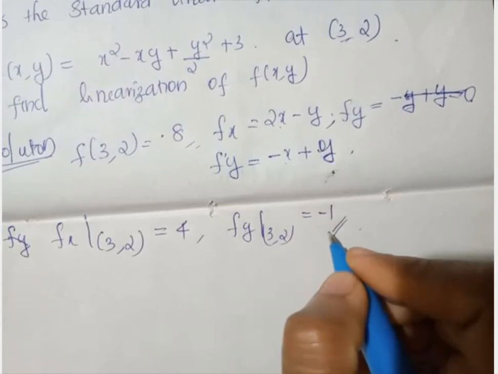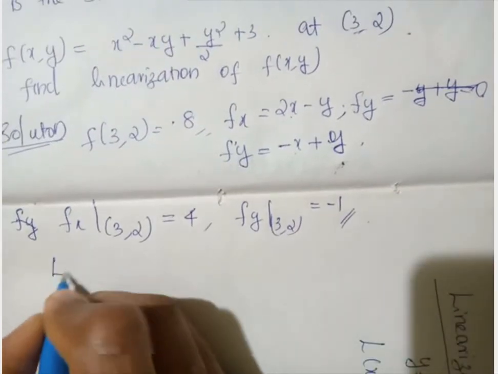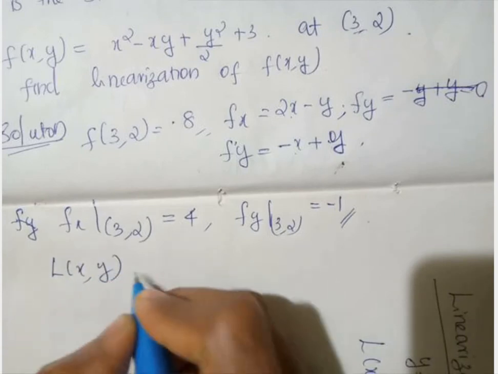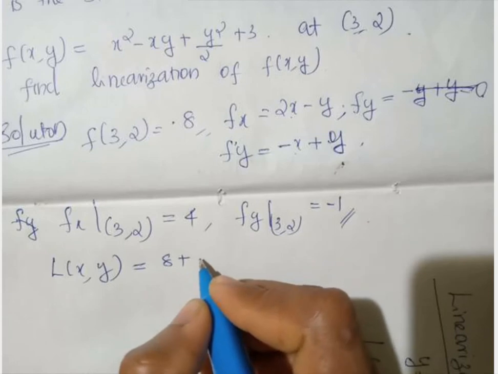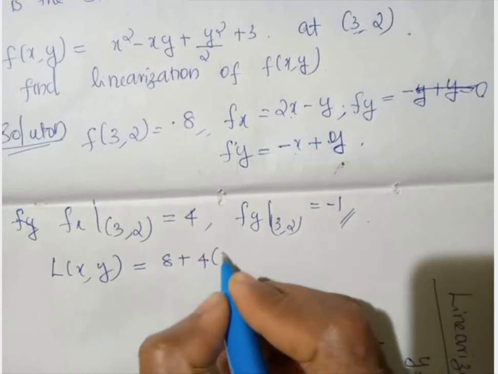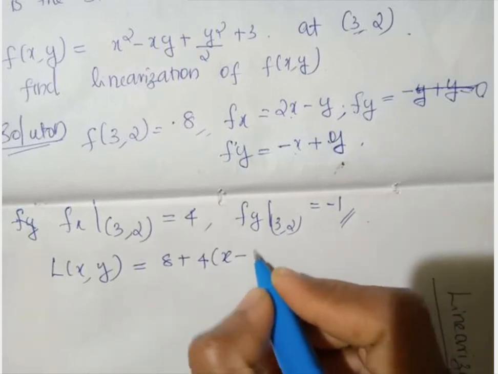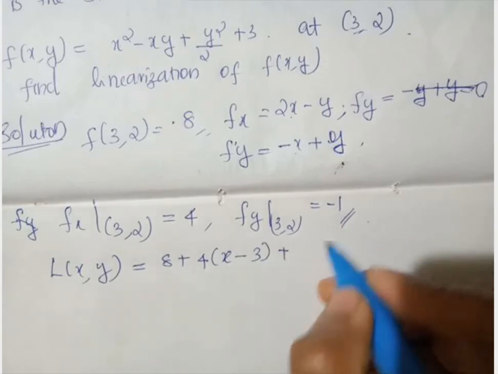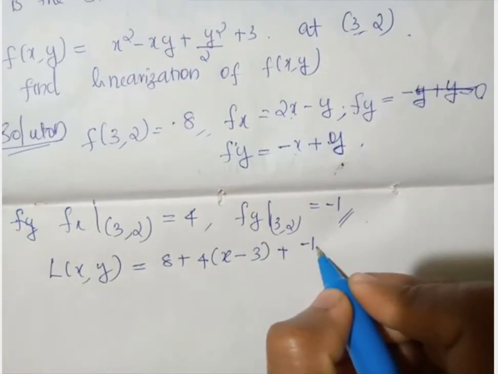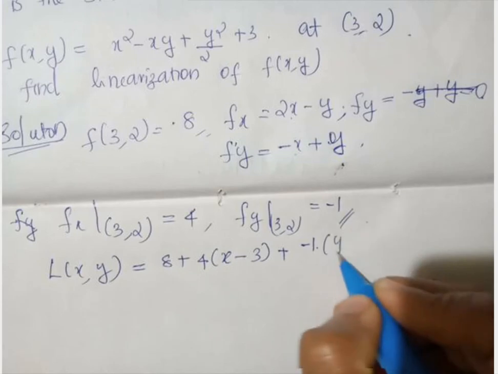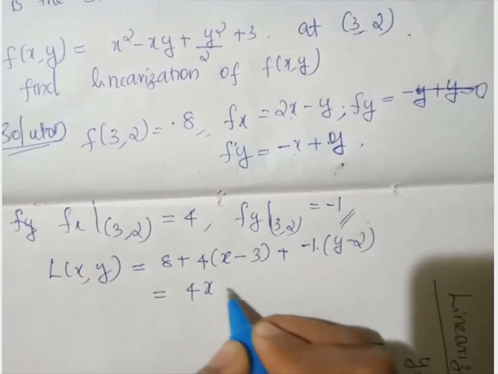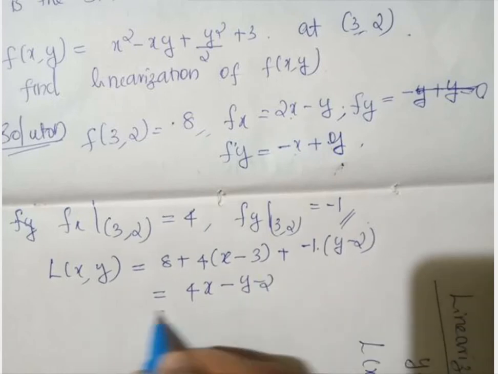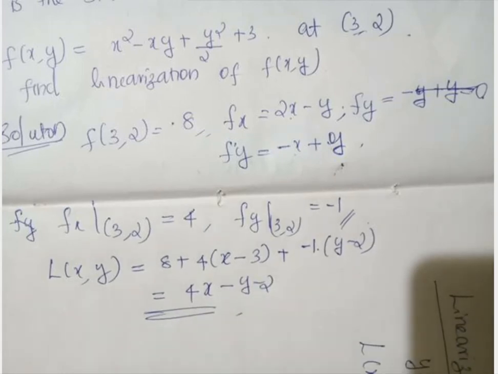So L of x, y, the linear approximation, is equal to 8 plus 4 into x minus 3 plus minus 1 into y minus 2, which is equal to 4x minus y minus 2, which is the linear approximation.